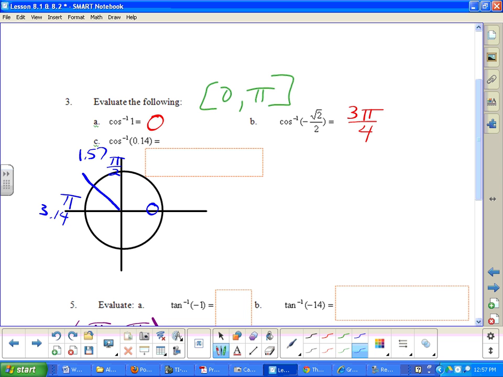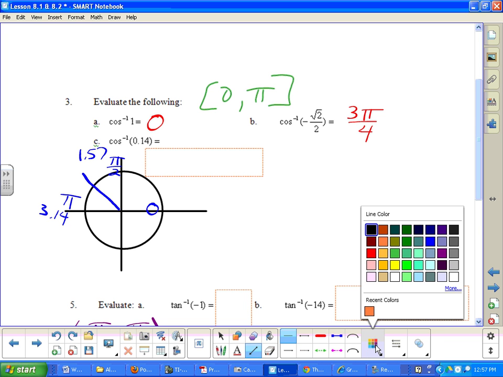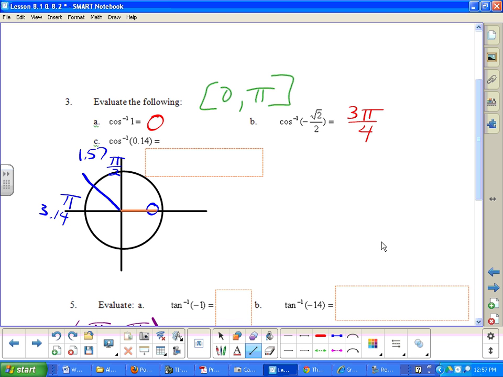The distance from here to here is how much? It's 1, correct? Okay, this distance, this point right here, this is the point (1, 0). So if cosine refers to x, doesn't it?